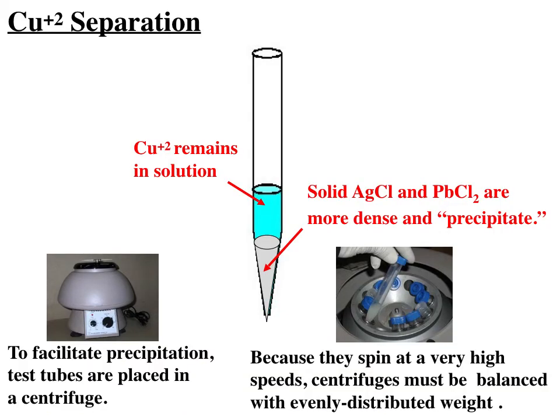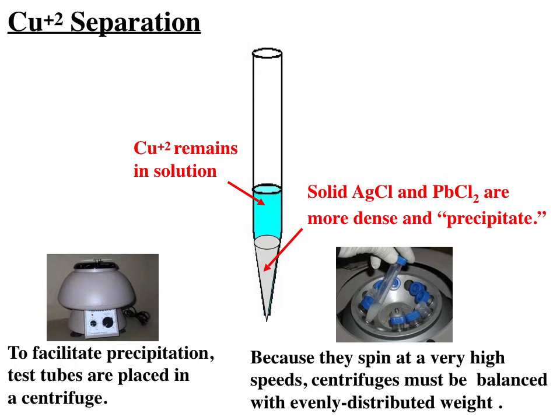First thing we're going to do is make sure that we have completely separated the copper from the now solid lead and silver forms. To do this, we're going to use a device which chemists employ known as a centrifuge. A centrifuge is a spinning device which uses a centrifugal force that spinning objects experience.